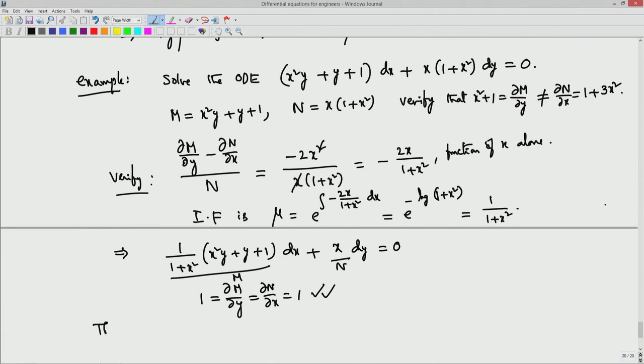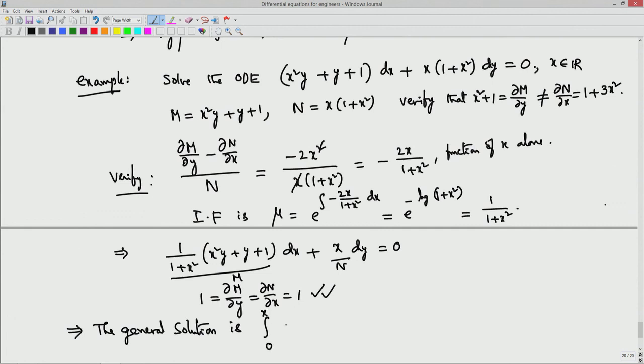Now the general solution is to integrate from x naught, y naught. I always take x naught as 0 because 0 is also part of the domain. Here x is all real numbers, so I can choose x naught as 0. For y also there is no issue, y can be all real numbers, and y naught I can also take as 0.